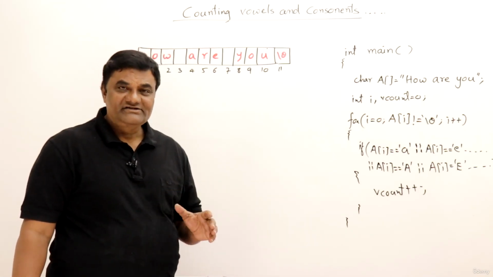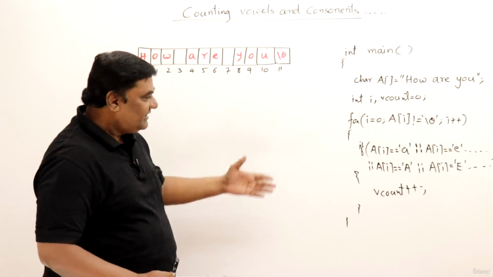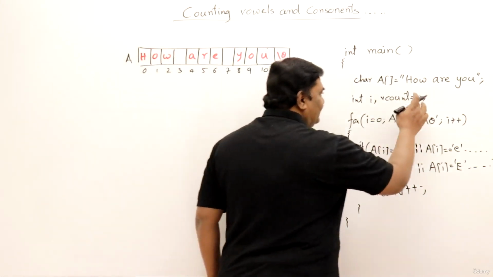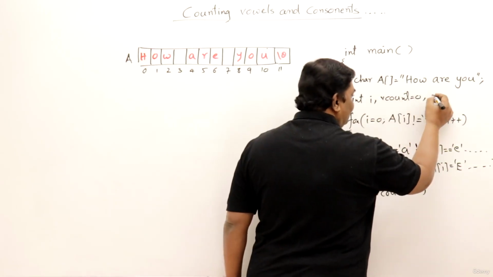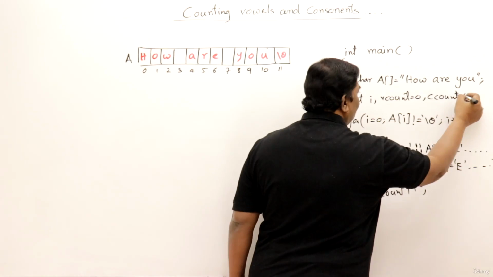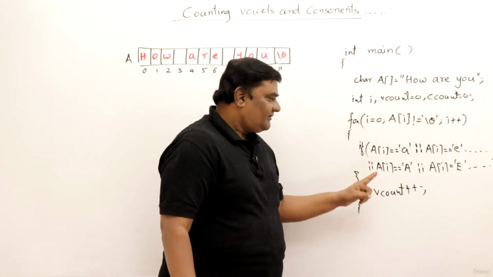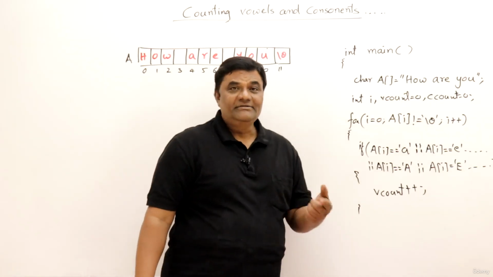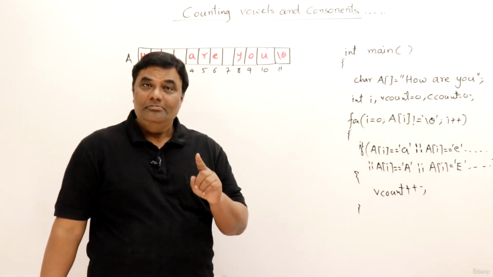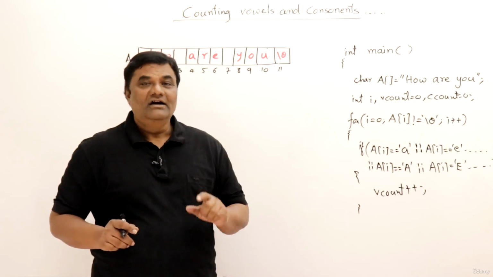This is one thing. Next, suppose I want to count consonants also. Then inside the same program, I can include one more counter, that is for consonants. So ccount, that is consonants, I will initialize to 0. Then here, if it is not a vowel, then it may be a consonant, but it must be within the range of alphabets.